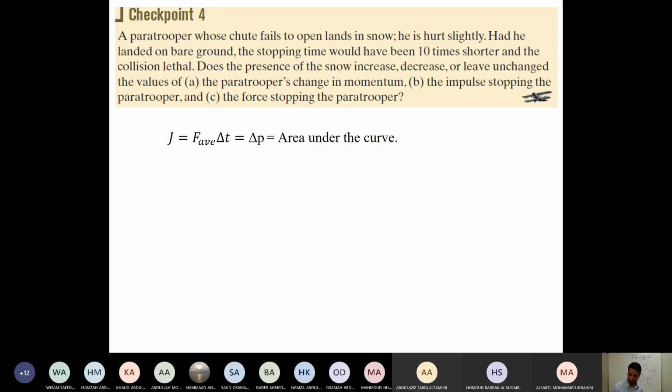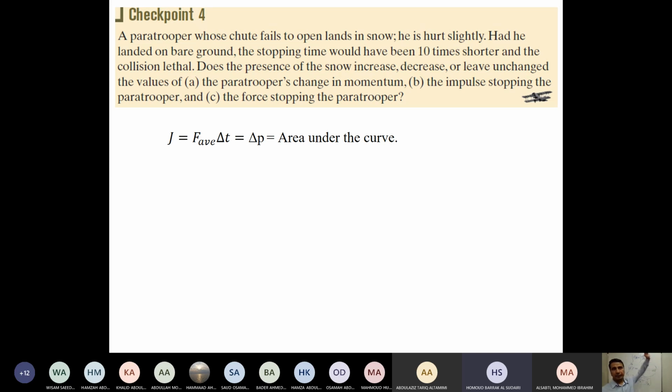What do you think, guys? Is the momentum changing here? Do they mean the instantaneous or the overall?